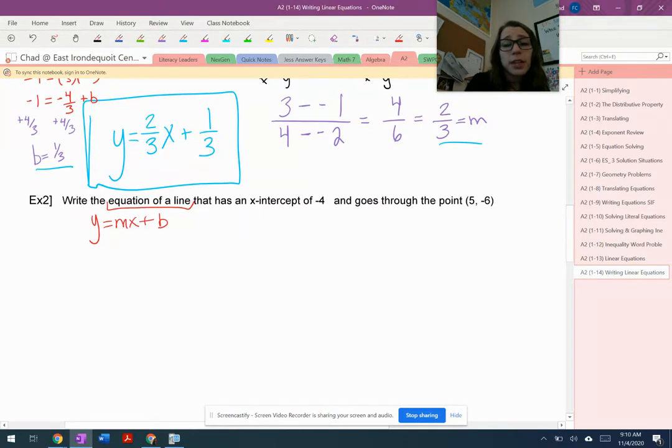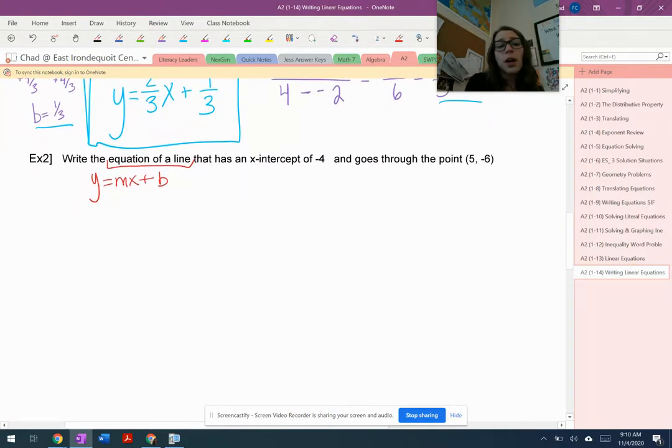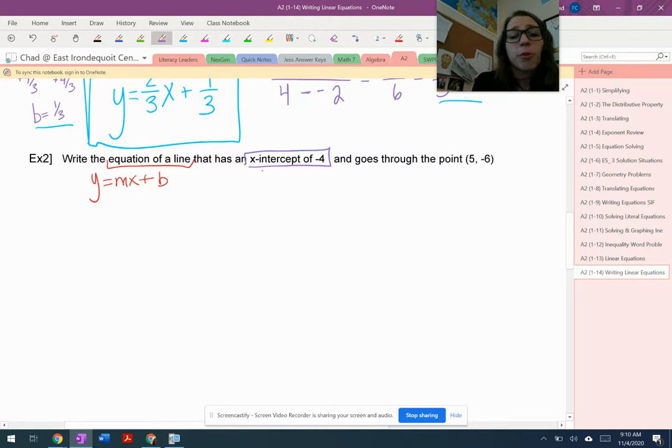So here they do give us one point, but at first glance it might look like they don't give us a second point, but they actually do. When they tell us that there's an x-intercept of -4, remember, x-intercept means that it's crossing the x-axis, and that would be over here.